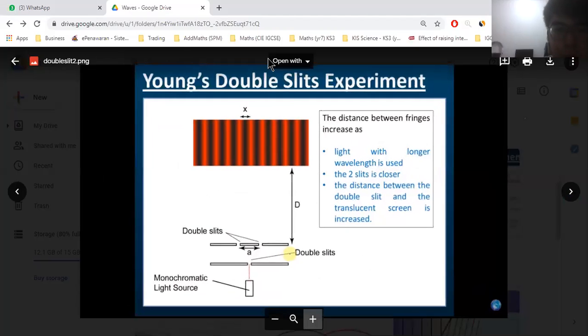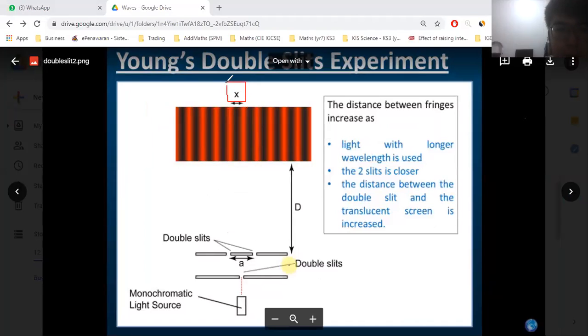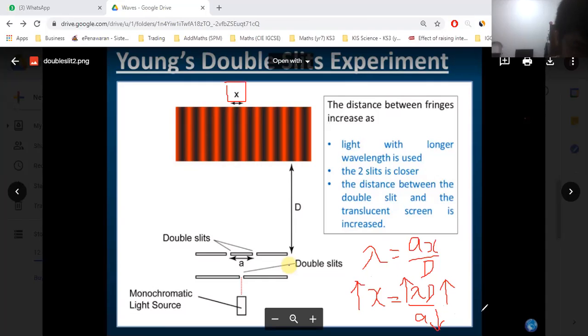Now, next, the question will also ask you, how do I increase x, the distance between the bright fringes? 其实这个你不用背的，你看啊，我的 formula lambda 等于 ax over d。然后我 make x as the subject，所以 x 等于 lambda d over a。 To increase x, I increase d, or I increase lambda, or I decrease a. That's it.